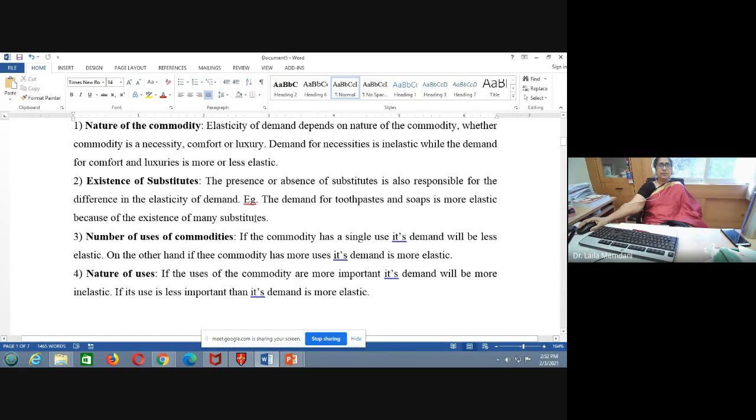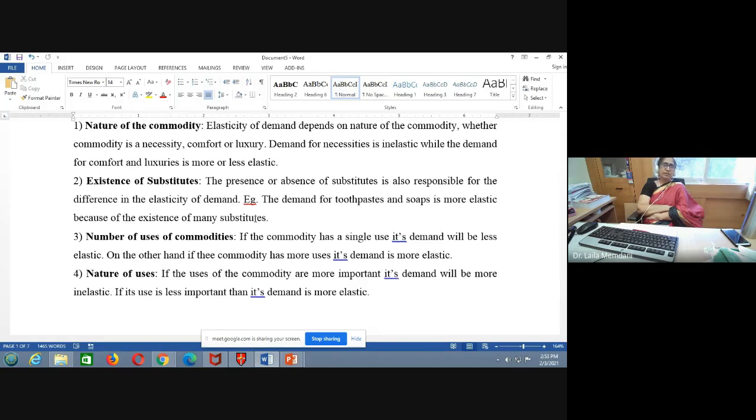Then the second determinant is existence of substitutes. Like for tea, there is a substitute, coffee. So if substitutes become cheaper, or if substitutes are available, the demand will be more elastic. For petrol, the substitutes are not that easily available.